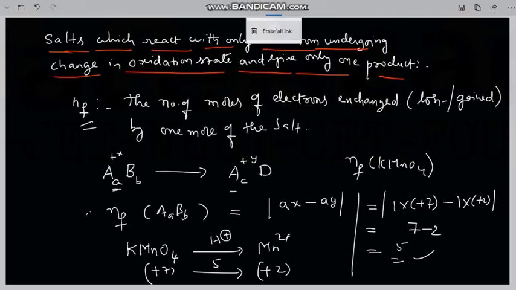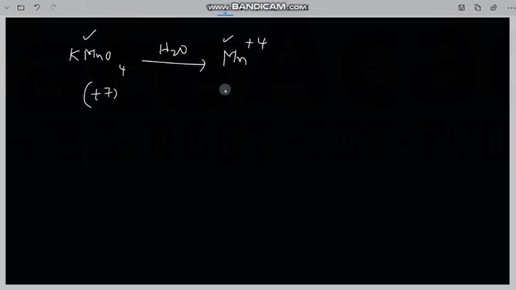Let us see one more example. Suppose KMnO4, potassium permanganate, in water, a neutral medium, changes to Mn +4. What will be its n factor? Here we have 1 mole, the oxidation state of manganese in the reactant is +7, and the oxidation state of manganese in the product is +4.